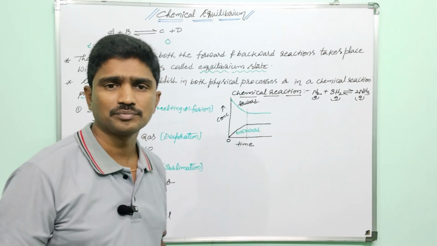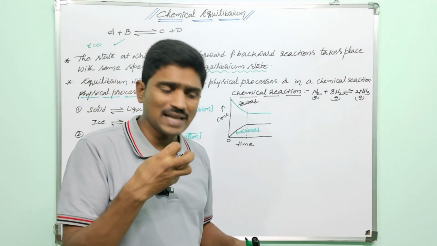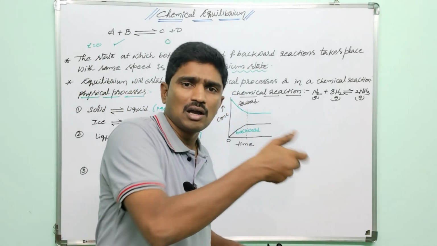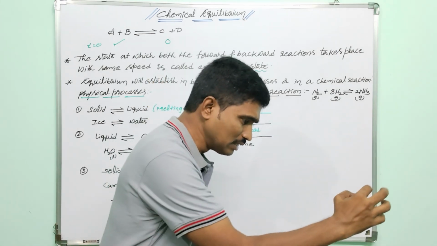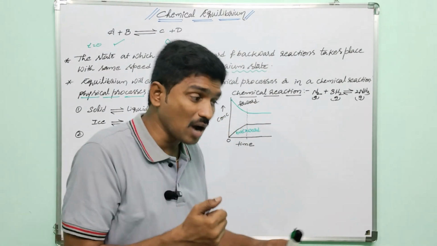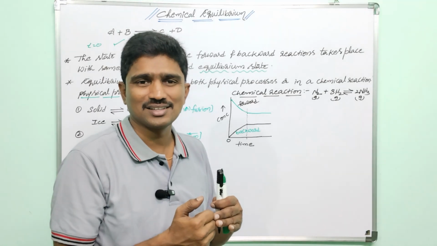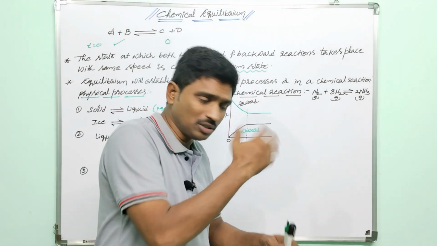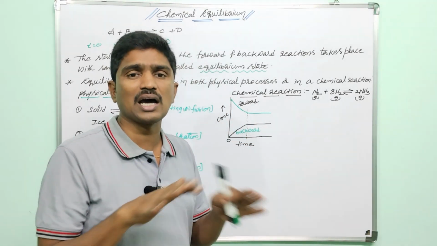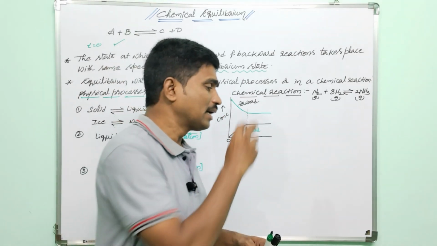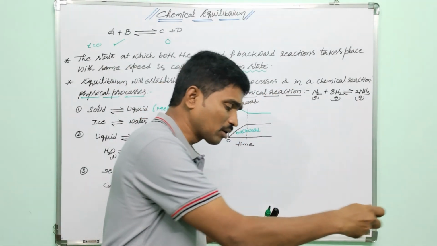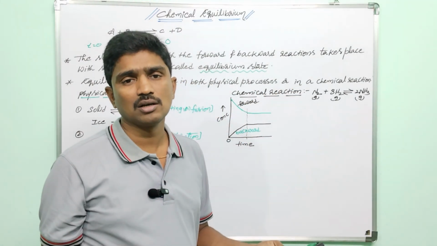It means the amount of reactants converting into product is exactly equal to the amount of reactant formed from the products. Number of reactant consumed and formed are equal. Similarly, number of product formed and consumed are equal.